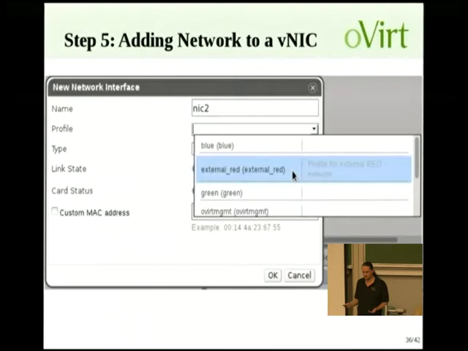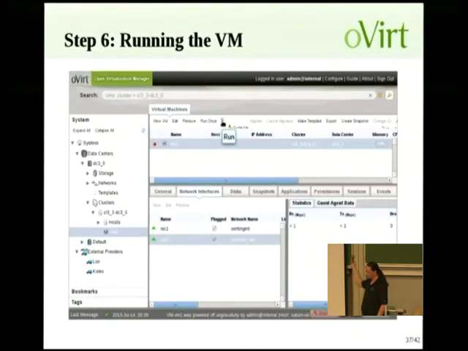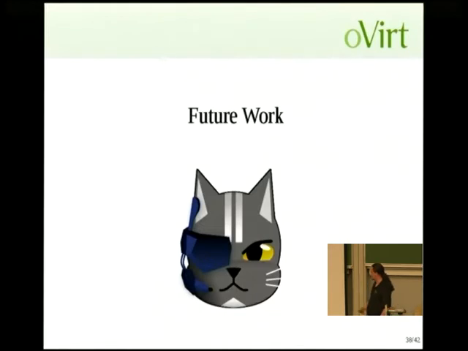But basically, for the VM, it doesn't matter if oVirt is controlling the network or Neutron. The VM doesn't care. It just uses the network. And in the end, you run the VM, cross your fingers, and everything works, right? Especially if Neutron is working. So, yeah.